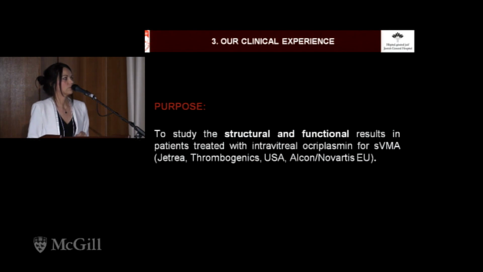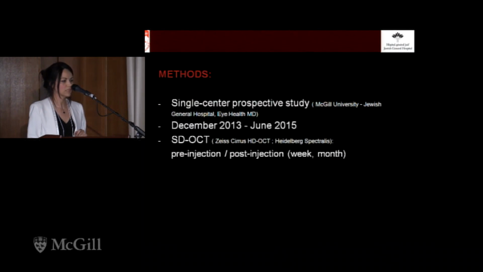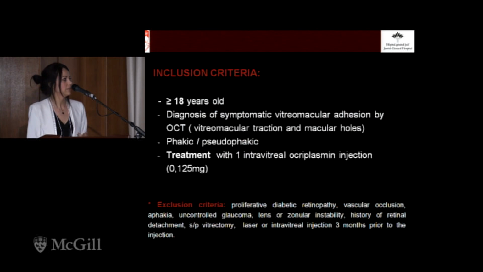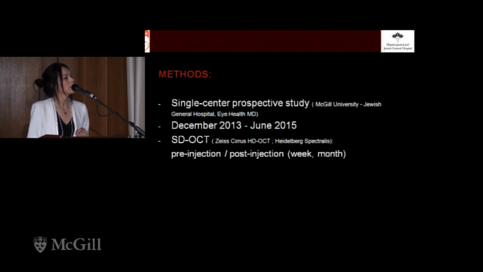The purpose of our study was to look at the structural and functional results in patients treated with intravitreal ocriplasmin for symptomatic vitreomacular adhesion. It's a single-center prospective study. We included patients from December 2013 to June 2015, and we performed an OCT pre-injection and post-injection at 1 week and at 1 month.